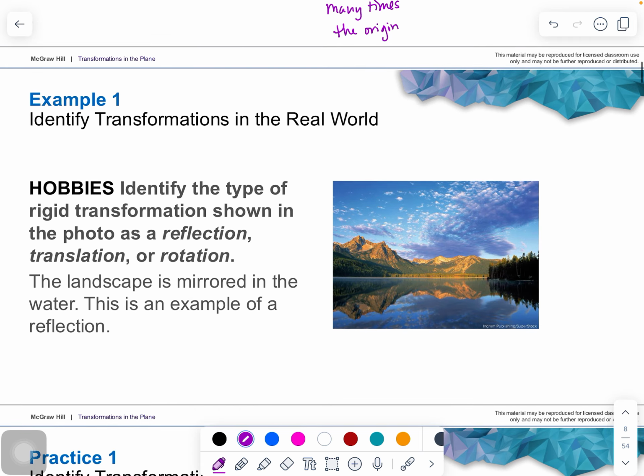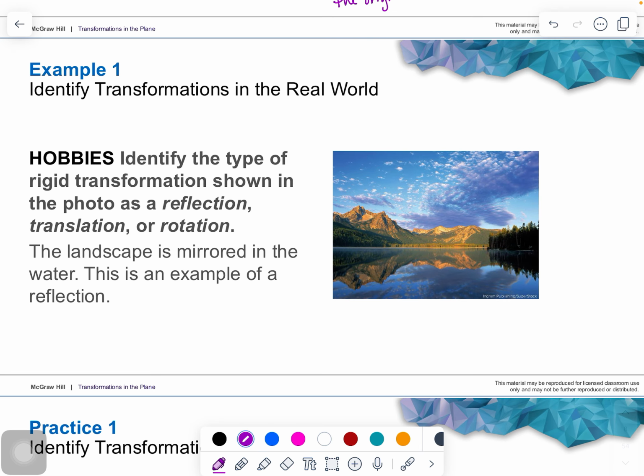So let's look at Example 1. In this picture, this landscape is an example of a reflection. You can see our axis right here, and we see the mountains above and below.